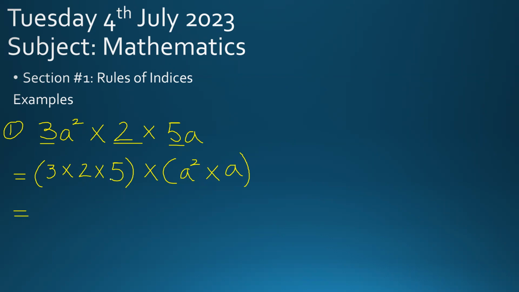Very good. And what is 6 times 5? 30. Very good. So it's going to be 30. That's how we do it. We say 3 times 2 is 6, and then 6 times 5 is 30. That's how we get that 30 for that one.